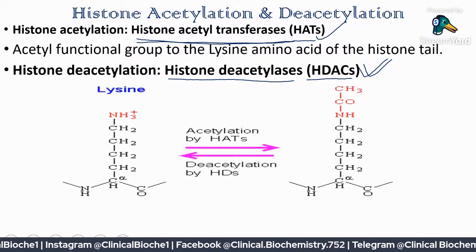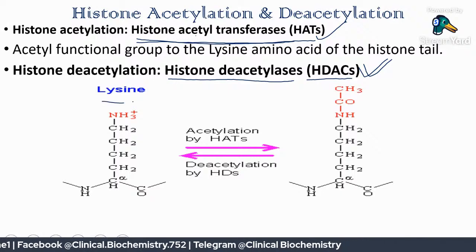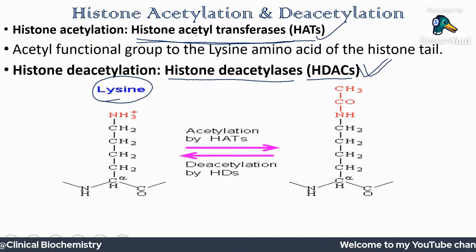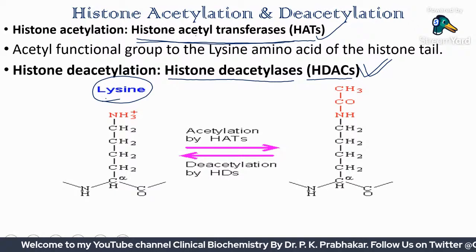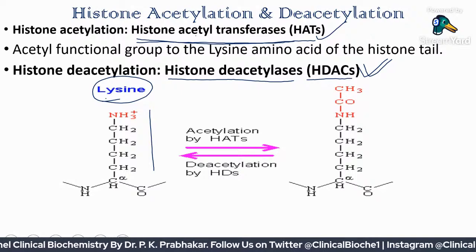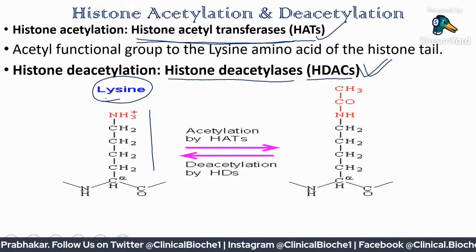This is the chemical reaction, and this acetyl group is added on the lysine only. In most cases lysine is going to be modified: methylation, acetylation, ubiquitination, phosphorylation. Most chemical modification occurs on lysine only. So this is a lysine molecule at the fourth position. You can call it the 79th position, whatever different places.